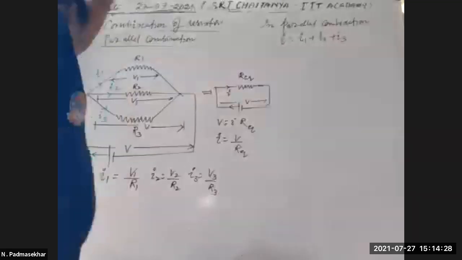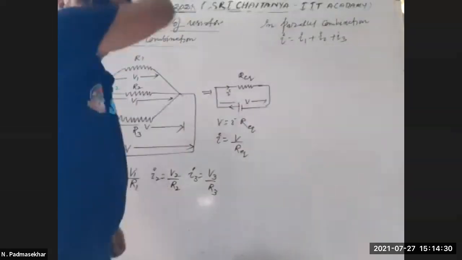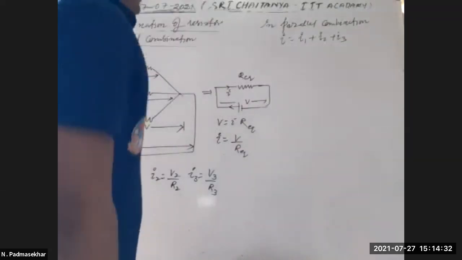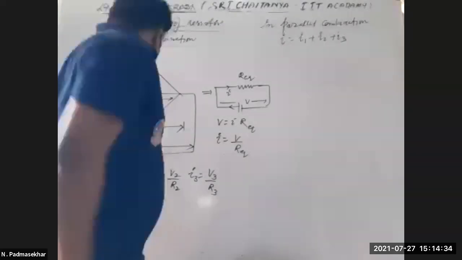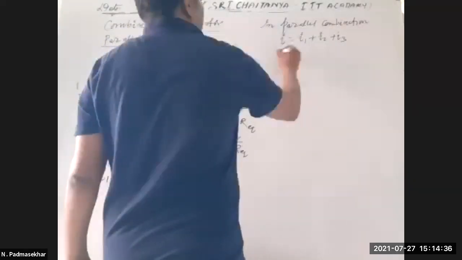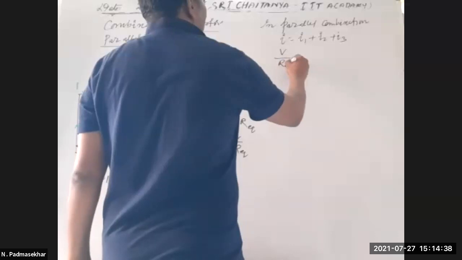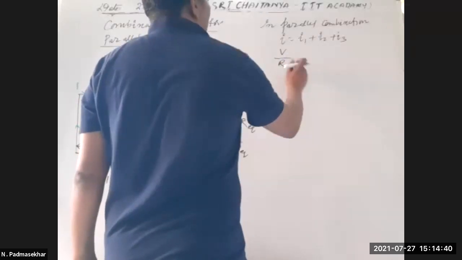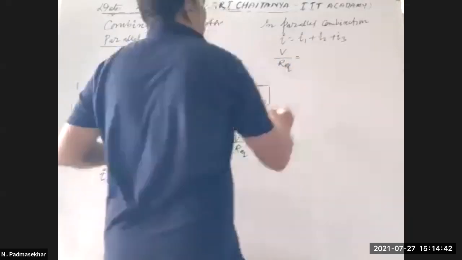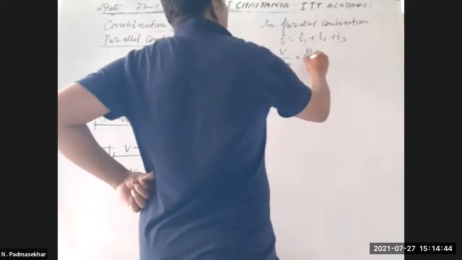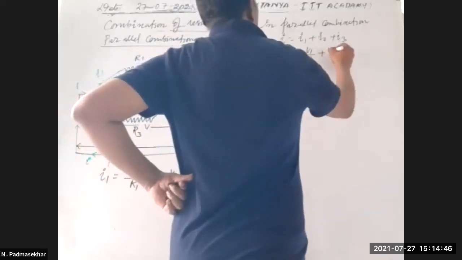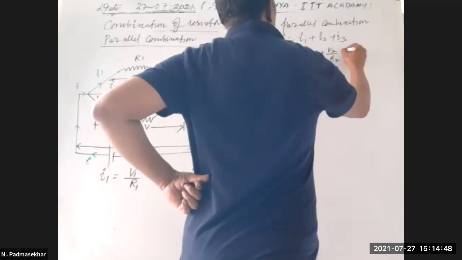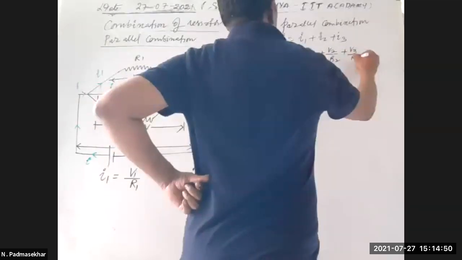So I is equal to V by R equivalent is equal to V1 by R1 plus V2 by R2 plus V3 by R3.